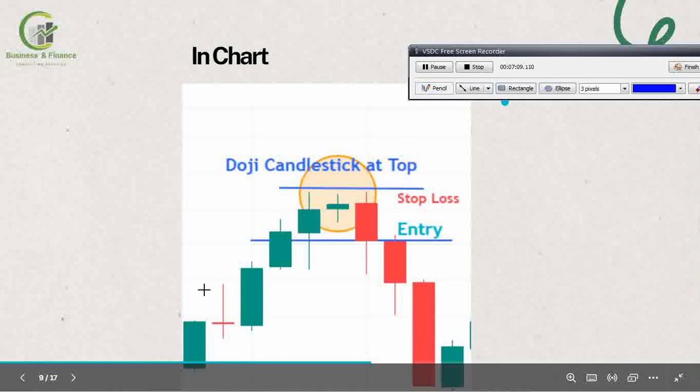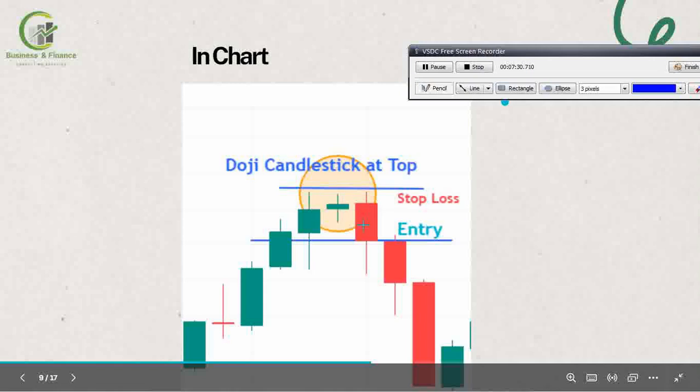Yes, the market is in an uptrend and suddenly a doji candlestick pattern forms. The candle color is not important, whether it is green or red, it doesn't matter. We can observe it and wait for confirmation.